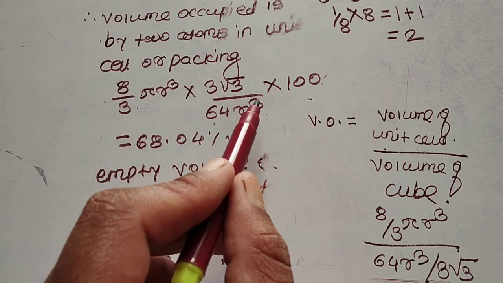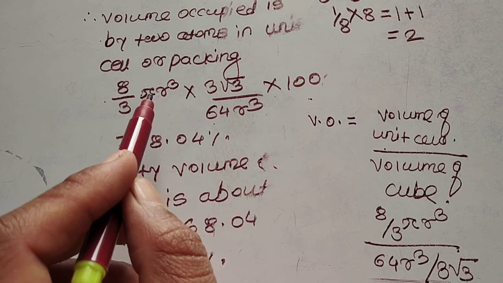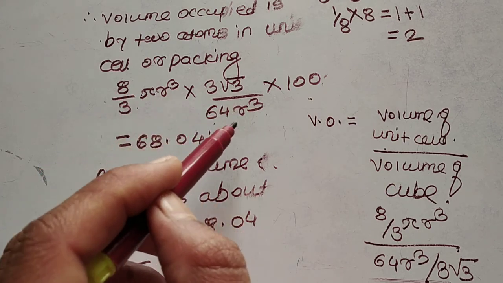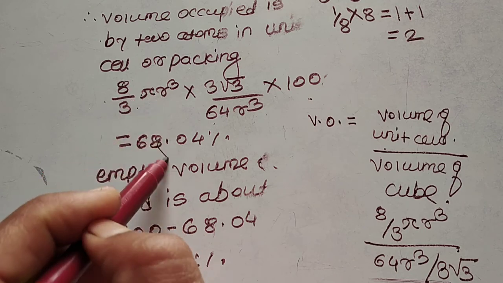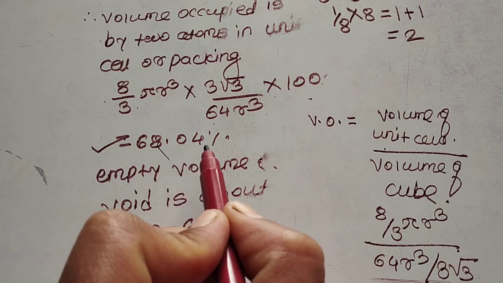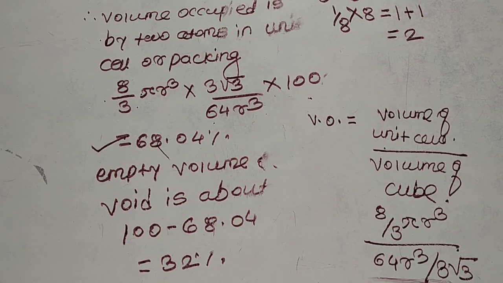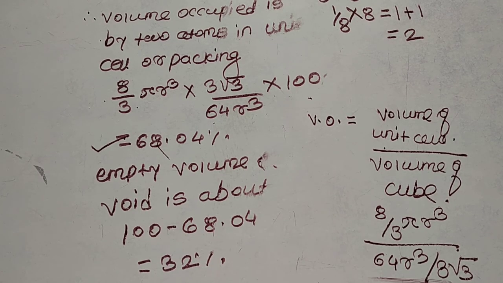You want to calculate the packing efficiency or volume occupied by 2 atoms in the unit cell. So you can simplify it, put the value of pi, and for BCC we got the answer 68.04%, and the empty volume or void is about 100 minus 68.04, that means 32%.